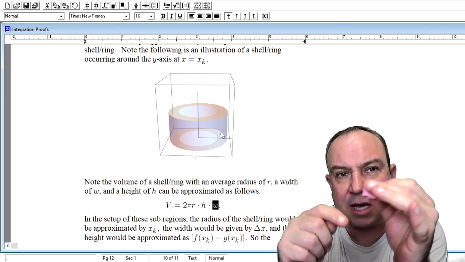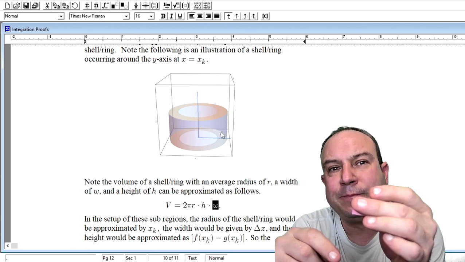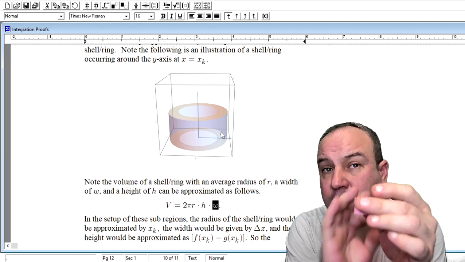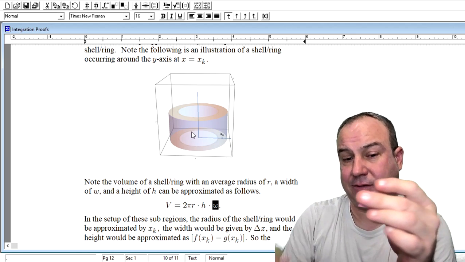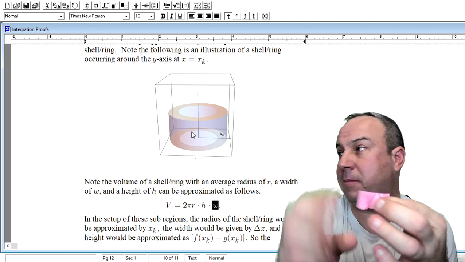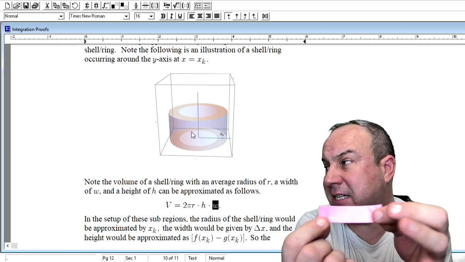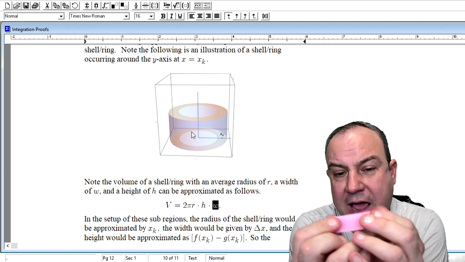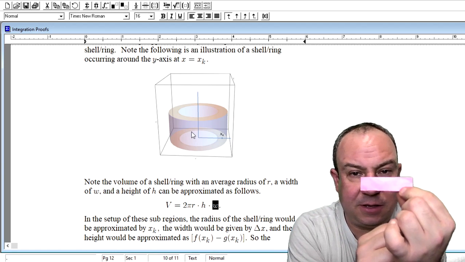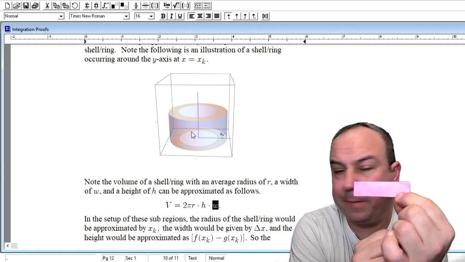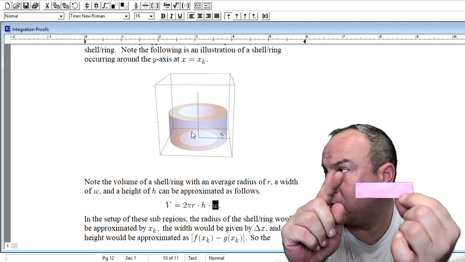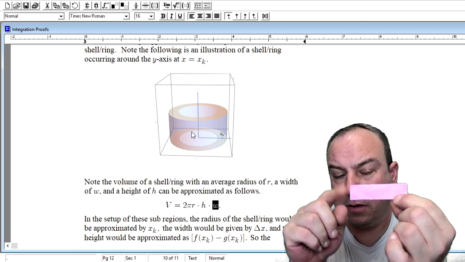And where this formula is coming from is just the volume for a rectangular solid. If I take my ring, slice it, and unfold it, what I have is a rectangular solid where the height is certainly observable.